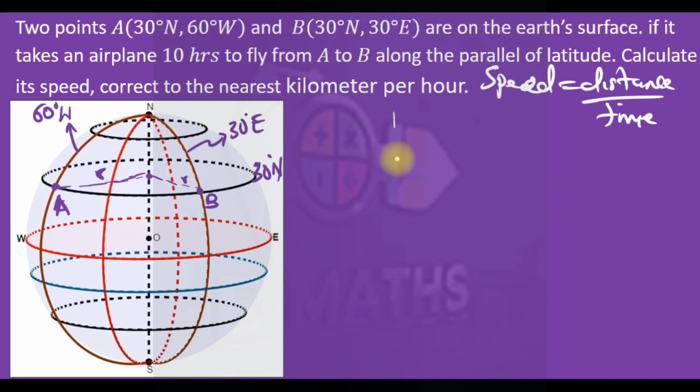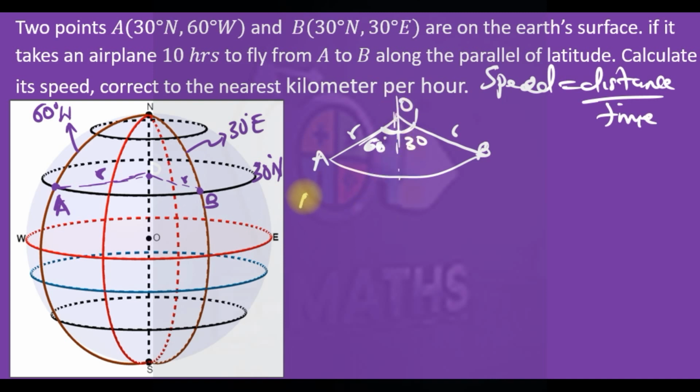This is my axis, this is B, and this is A. So this is my small r. Let me use O subscript 1 to denote the center here. So the first one is 60, so here is 60 west, while this is 30 east. So my total angle is 90.